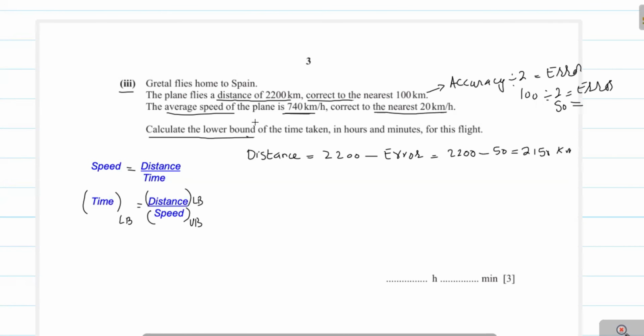And next we have to find the average speed in upper bound value. The average speed in upper bound value will be equal to the given speed, 740 kilometers per hour, plus error. Now the accuracy of this speed is 20 kilometers per hour. Divided by 2, we get the error.